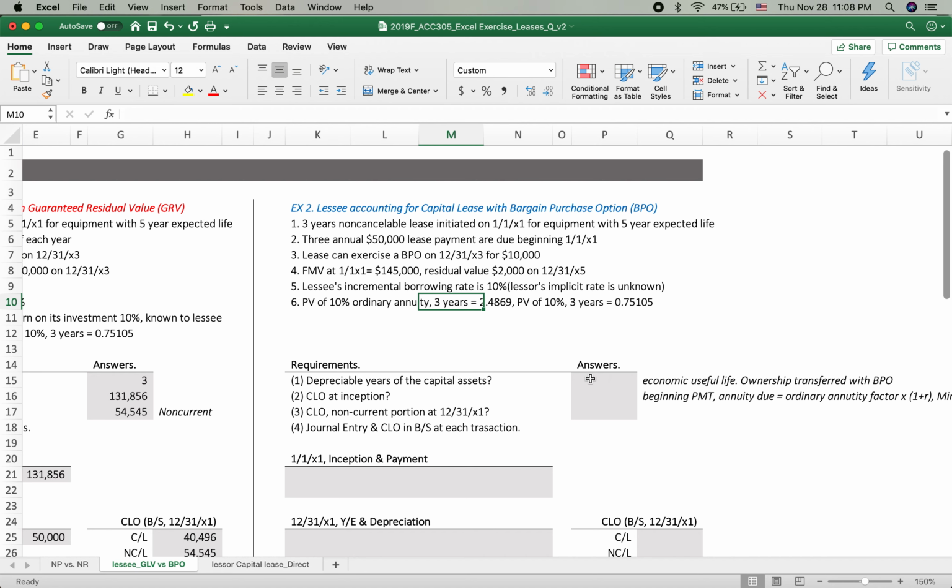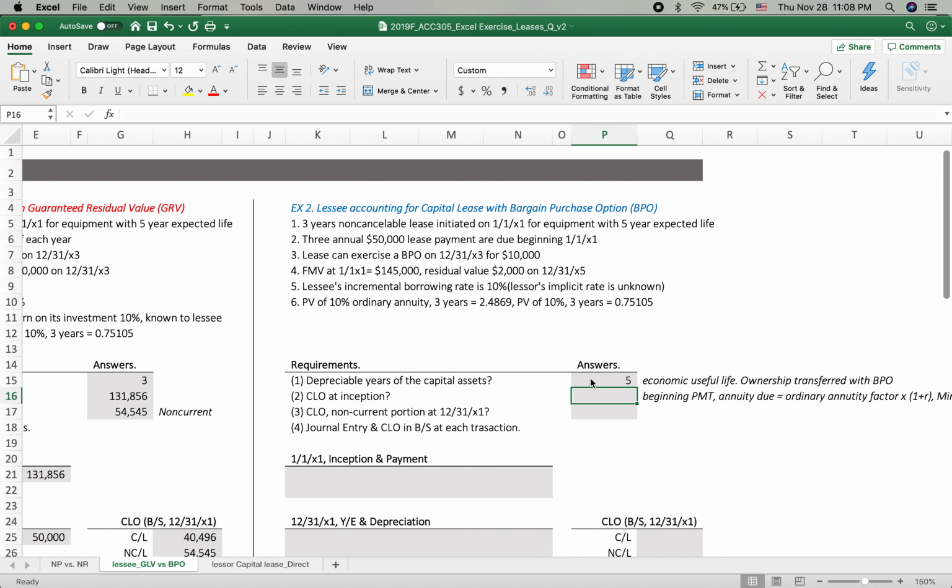Okay, so how many years is the depreciable life of the capital lease asset? 5 years. Okay, the useful life, because the lessee will hold this capital lease asset for the useful life with the bargain purchase option.